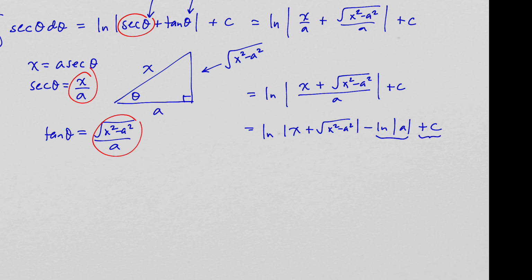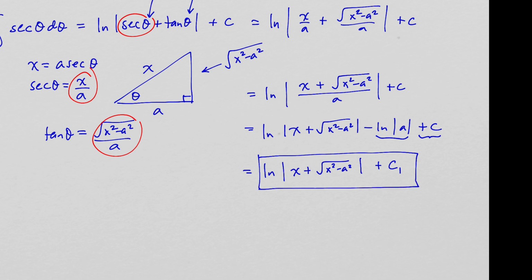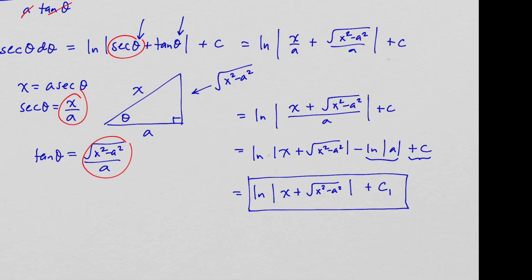And so negative natural log of a plus a constant is just a new constant. So we can express this as the natural log of the absolute value of x plus the square root of x squared minus a squared plus c1. And that's a little nicer answer than the answer up here. Now both answers are correct, but this one's just a little bit more simple.